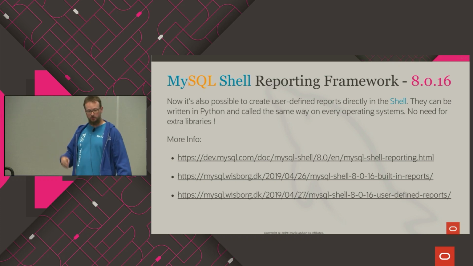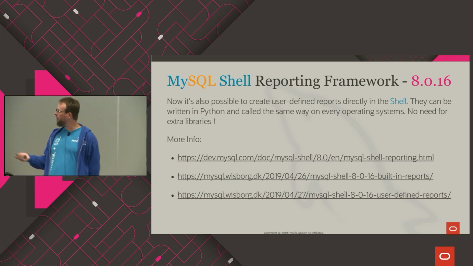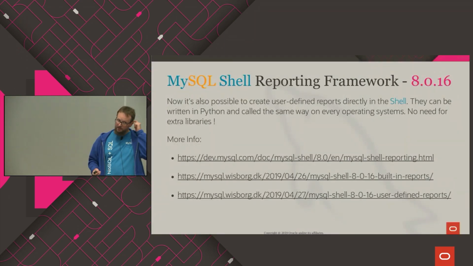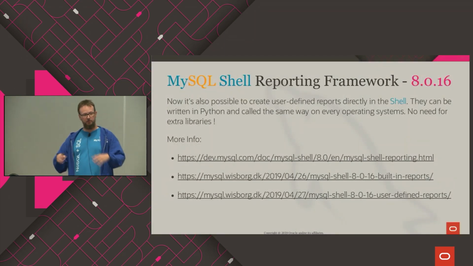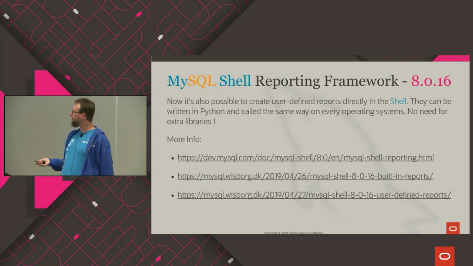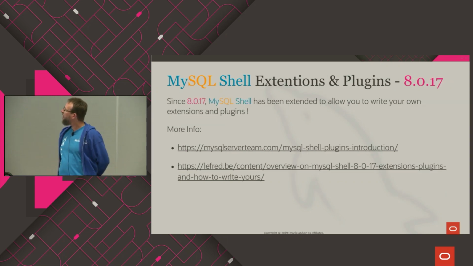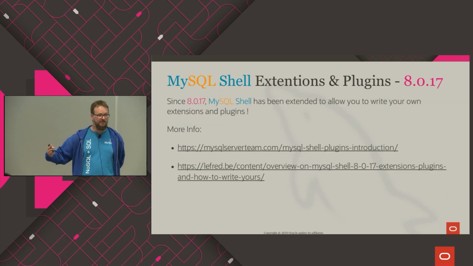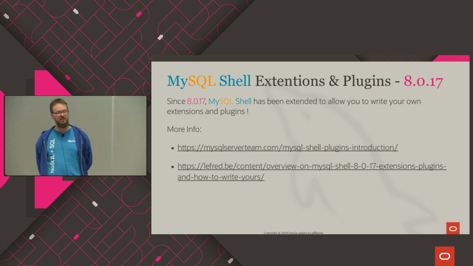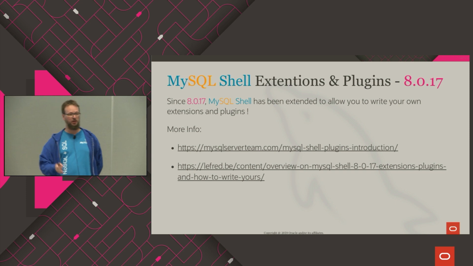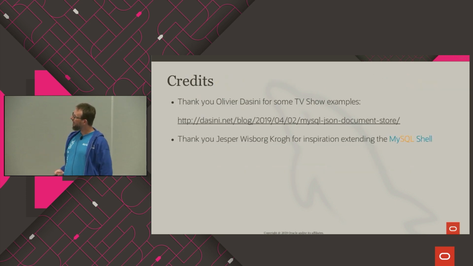So if you're a Python user and you want to extend the shell, it's possible. You can find here information on how to do that, because I have a session on that where we're going to extend the shell in Python, so if you're interested. And we can also create plugins in Python for the shell. And these plugins that you write in Python can be used in JavaScript or whatever you want, very easily.